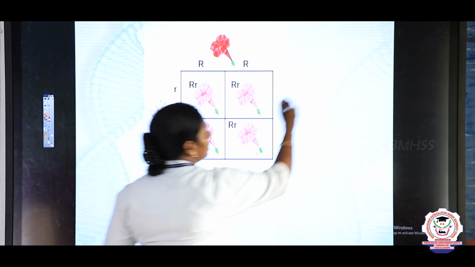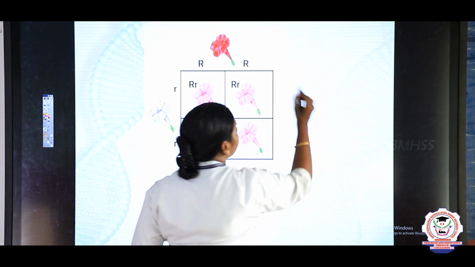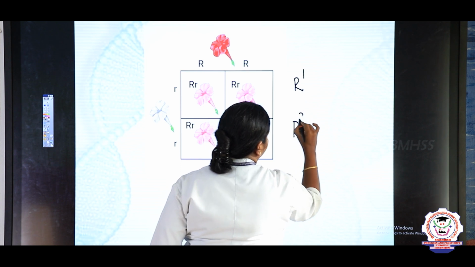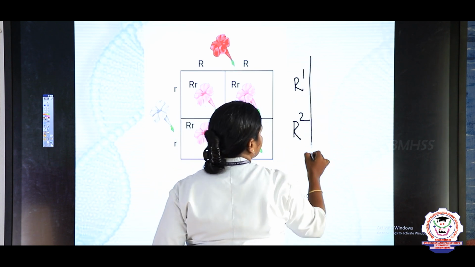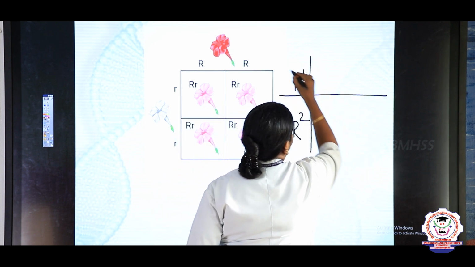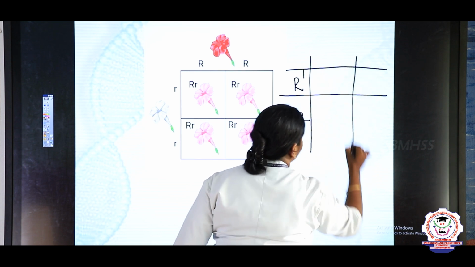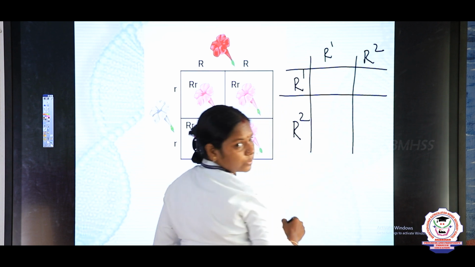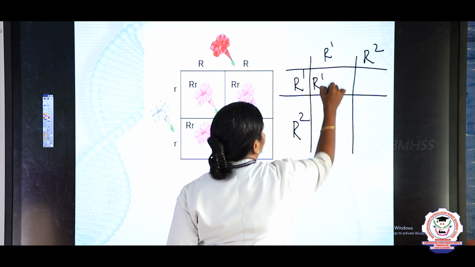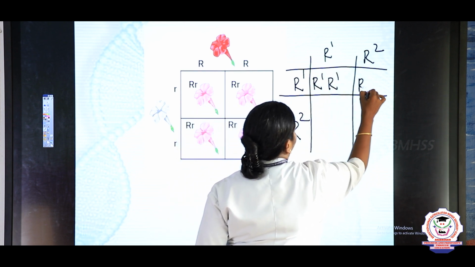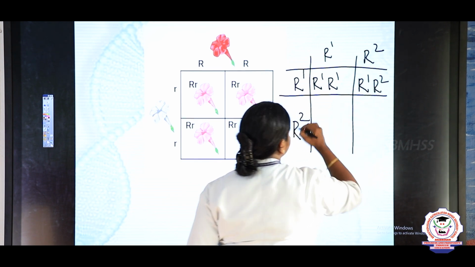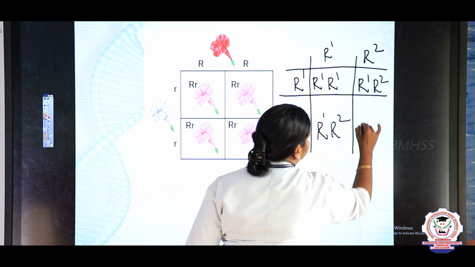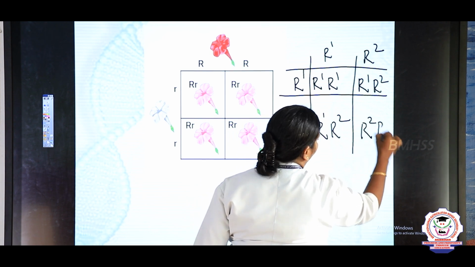For example, what are the gametes we get, children? R1, R2. And when it is crossed with R1, R2, what are the combinations you get? R1R1, R1R2. Likewise, here also you get R1R2 and R2R2.